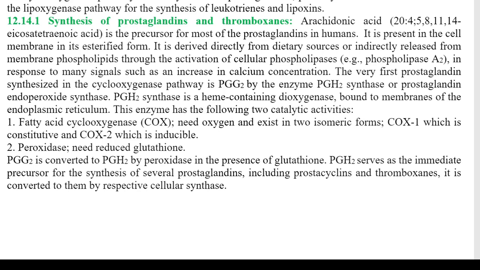PGG2 is converted to PGH2 by peroxidase in the presence of glutathione. PGH2 serves as the immediate precursor for the synthesis of several prostaglandins, including prostacyclins and thromboxanes. It is converted to them by respective cellular synthase.